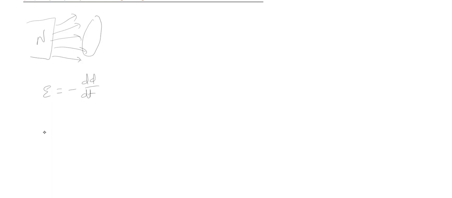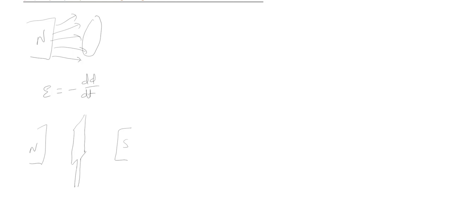What if I have a coil placed in a magnetic field in such a way that it can rotate? Suppose this is the condition, and what if I rotate this coil?